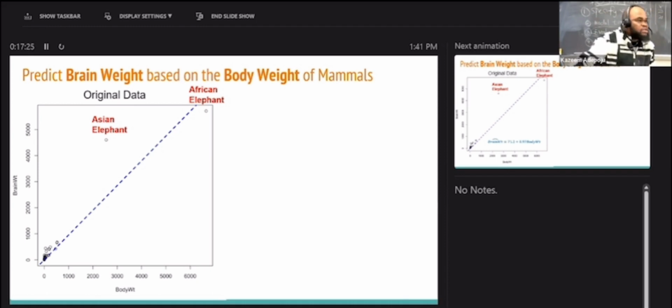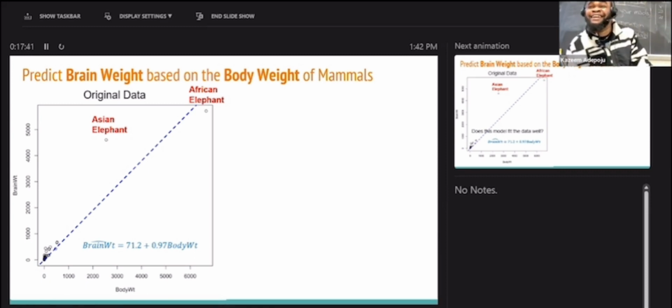If you have an outlier in the data set, it could be damaging, right? Now, some may want to argue that maybe we should remove them. We cannot remove them because they are genuine animals. We can't discard them from the data, otherwise our conclusion will not be general.